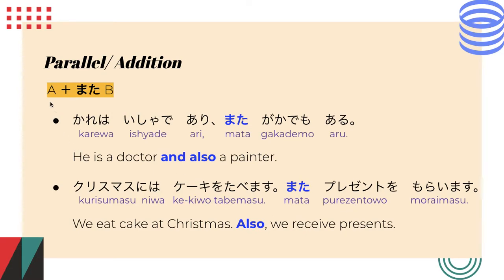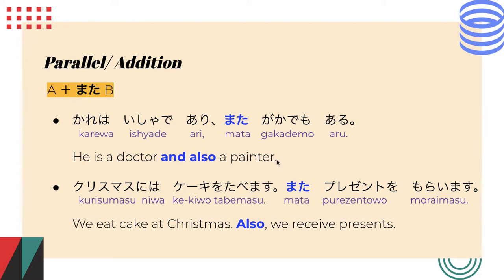So the formula would be different from the previous ones. In this case, it's sentence A plus また, sentence B. So また functions as the plus. The first example says, he is a doctor and also a painter.